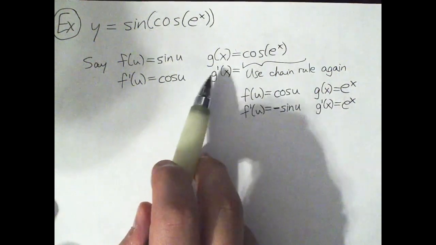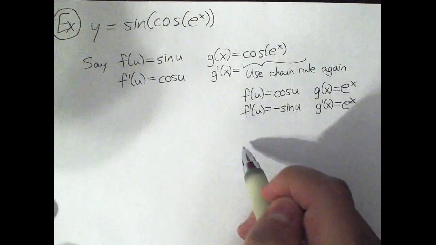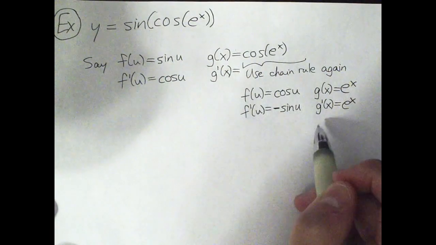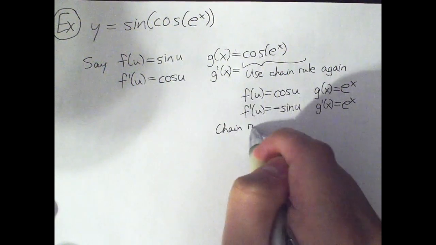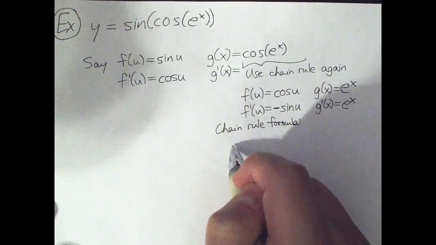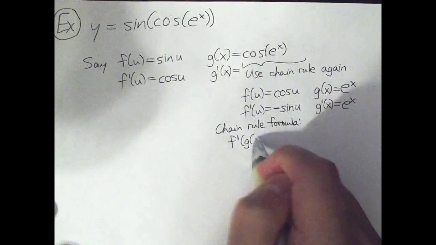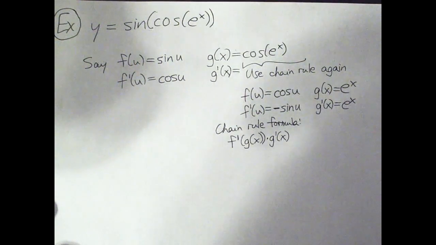We are trying to find g prime of x. So the chain rule formula says to do f prime of g of x times g prime of x. And let's see what this gets us.